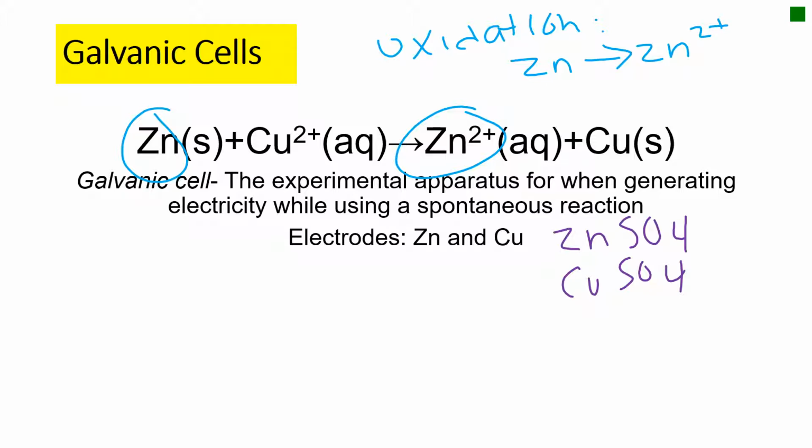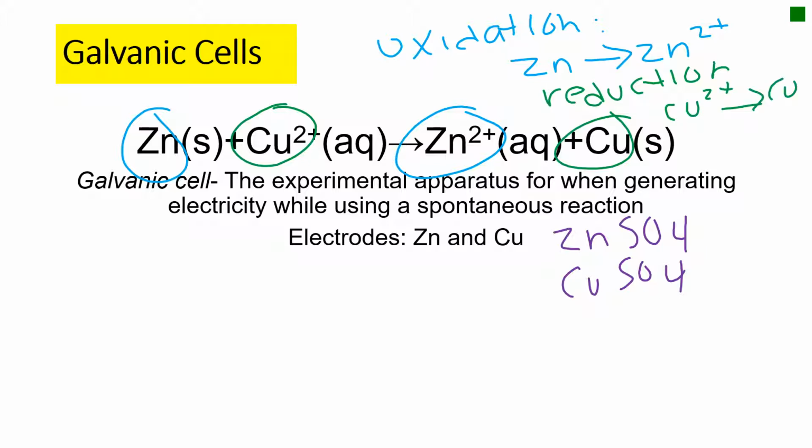And we can also see how the cell operates on the basis of a reduction, which is for copper. The reduction would be copper 2 plus going into copper. They're both taking place simultaneously with the transfer of electrons through the wire that I previously mentioned.